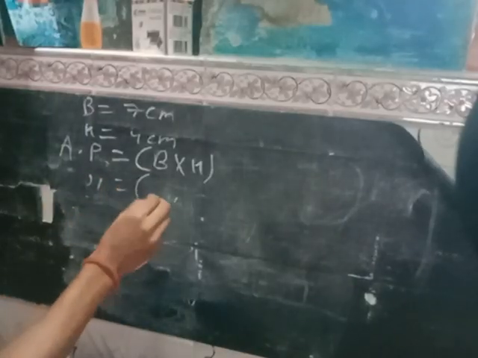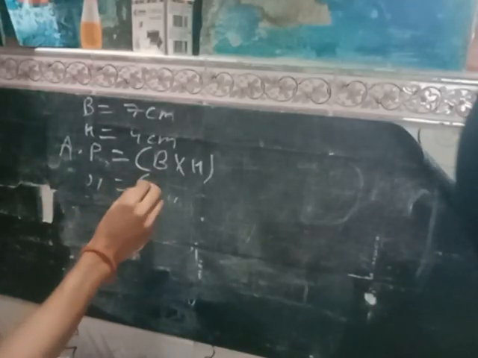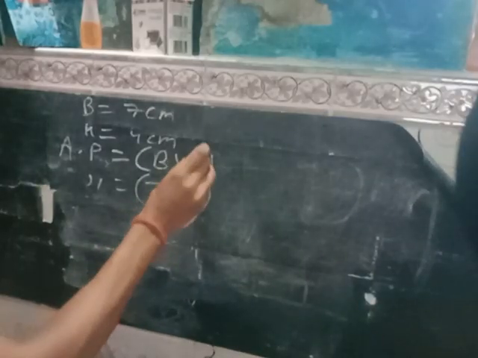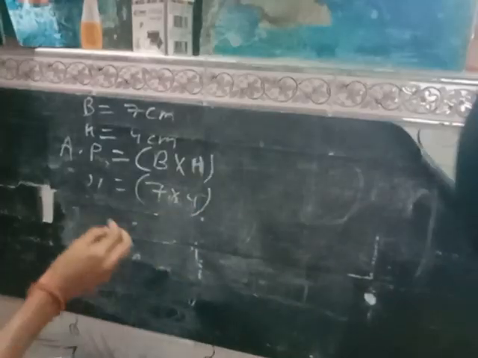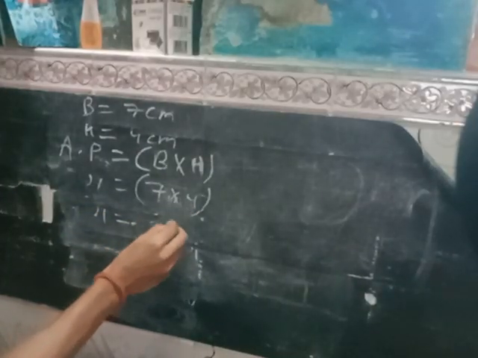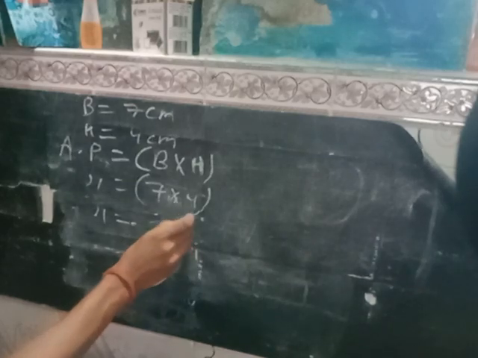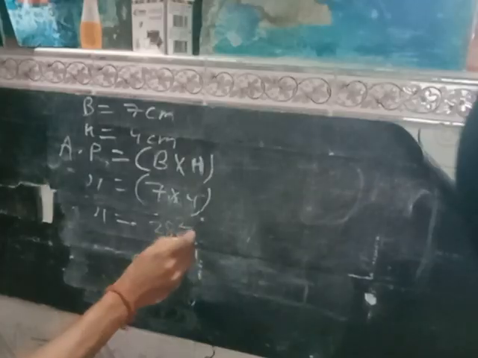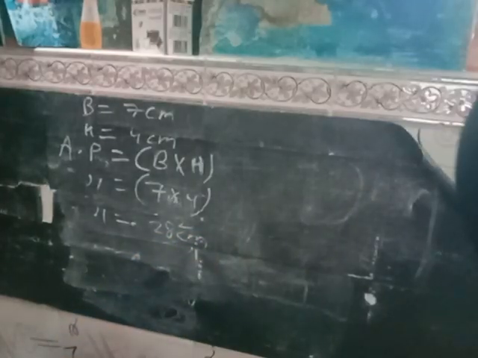So it will become 7 into 4, so it will be 28 centimeter square. This is the area of that parallelogram. So mainly this kind of question in that chapter.